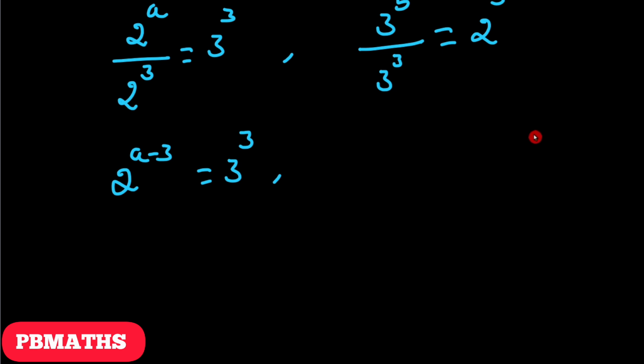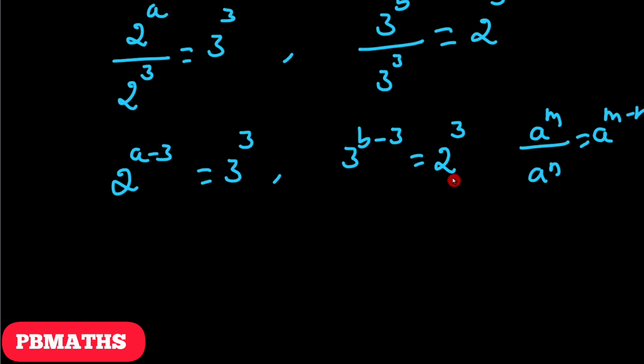Here also, using the same law, we will write this as 3 to the power b minus 3 is equal to 2 to the power 3. Now let's take this equation, 2 to the power a minus 3 is equal to 3 to the power 3.